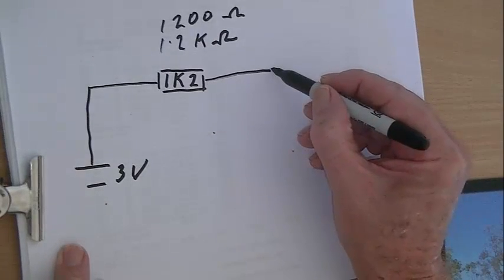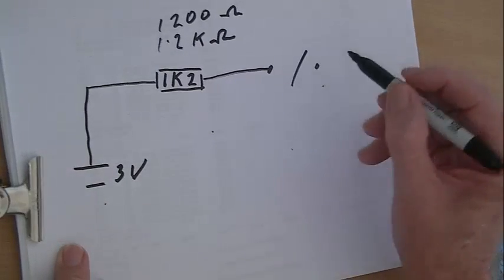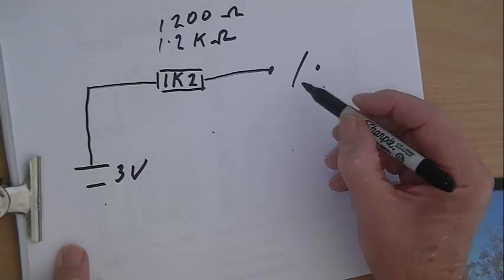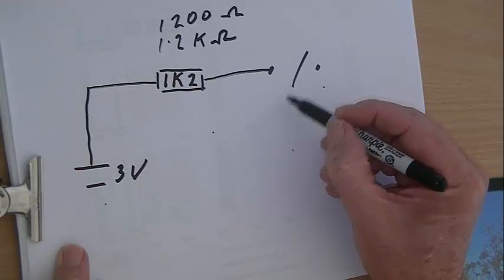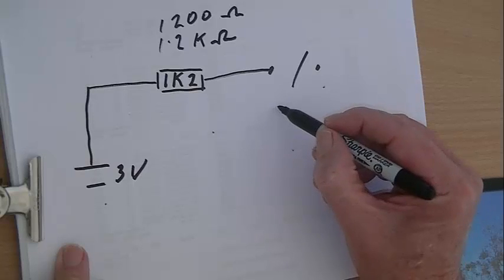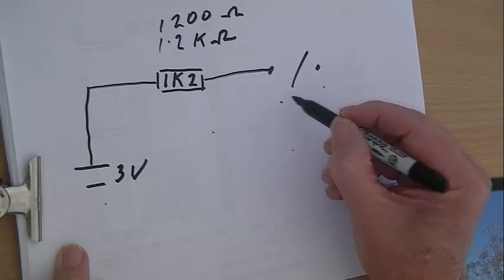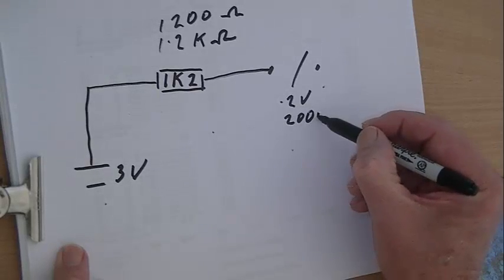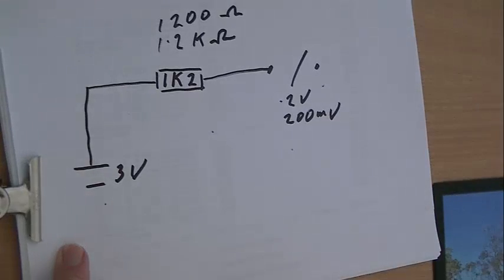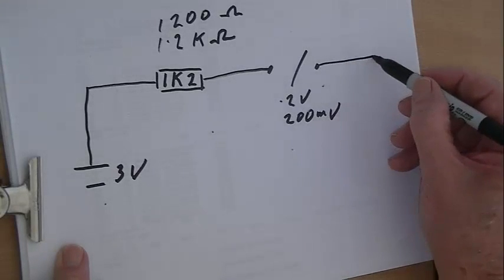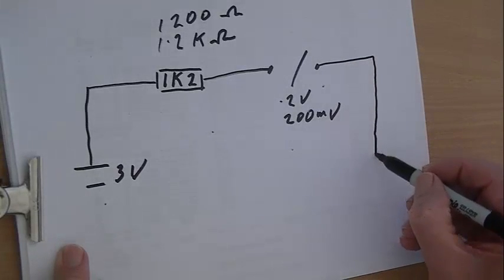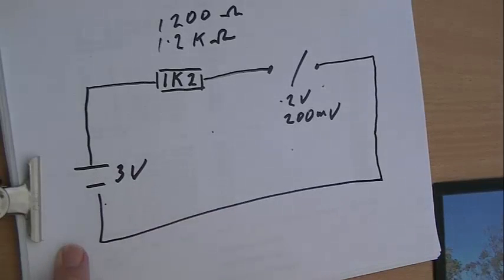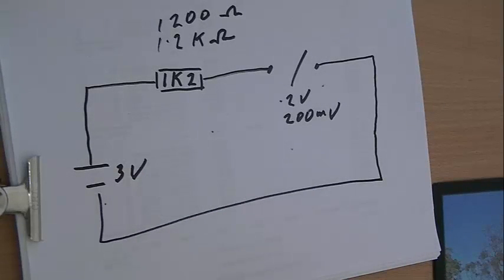Then you might go through a meter, and you might have the voltage drop across the meter written as 0.2 of a volt, which is 200 millivolts. And back to there. So this is the sort of thing you would use that for.